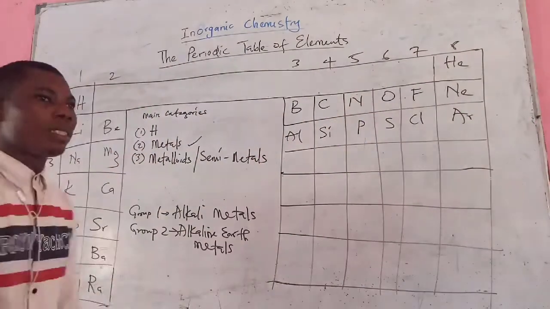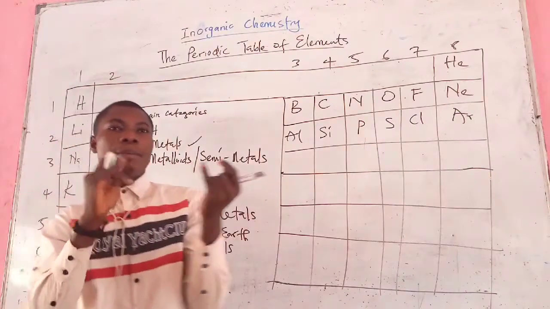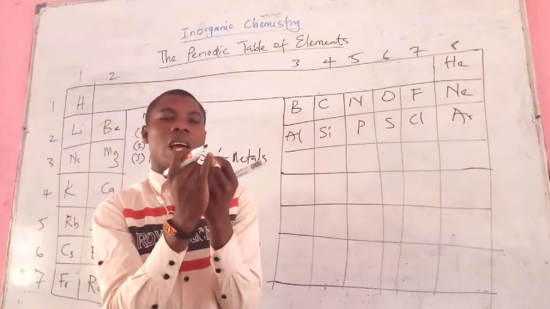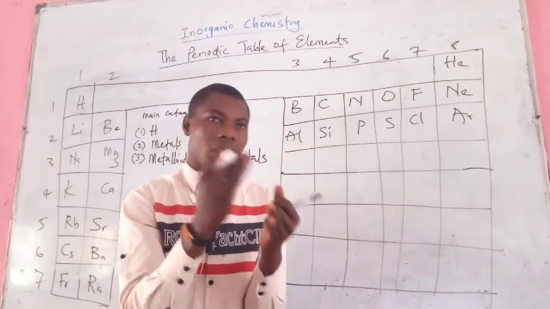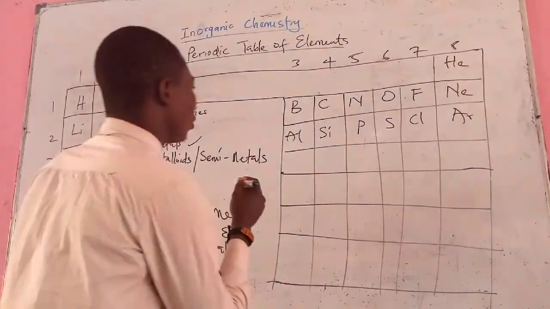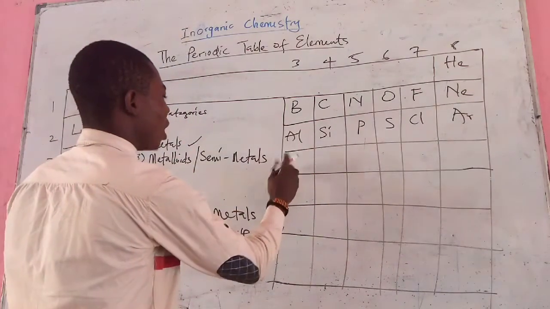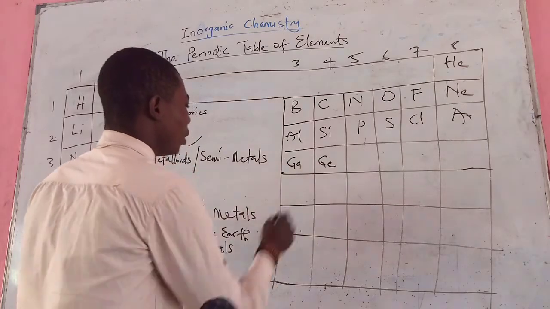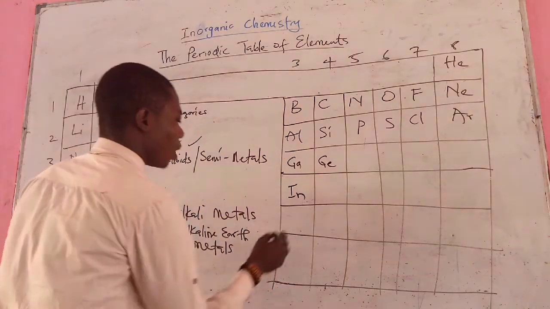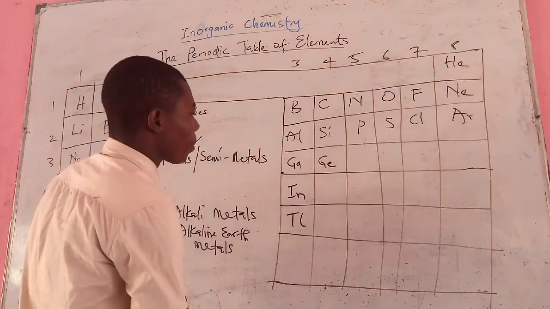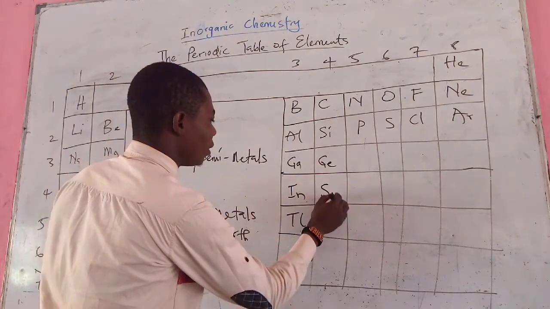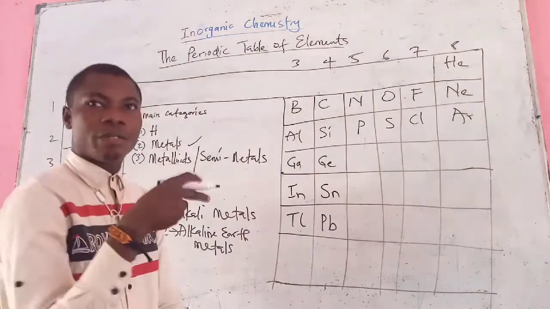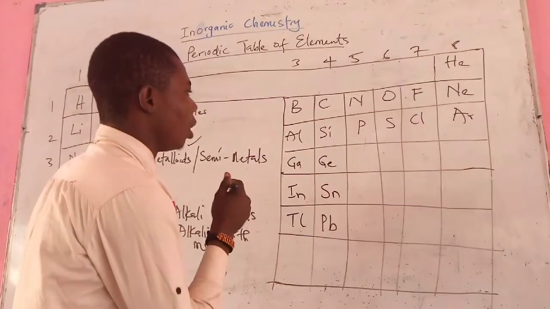Those are the elements that possess both the properties of metals and those of non-metals. And of course, here we can still have gallium, germanium, indium, thallium, tin, lead. We are trying to fish out the metalloids.